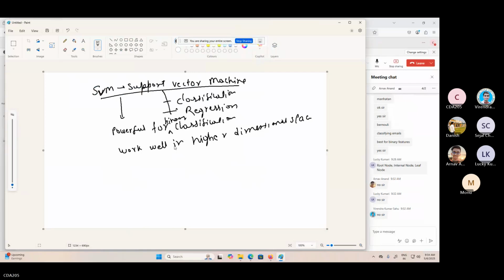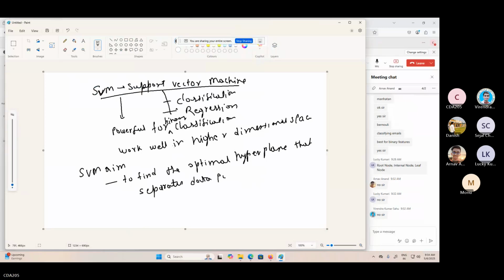Now, what is the aim of the SVM? SVM aims to find the optimal hyperplane that separates data points of different classes with maximum margin.